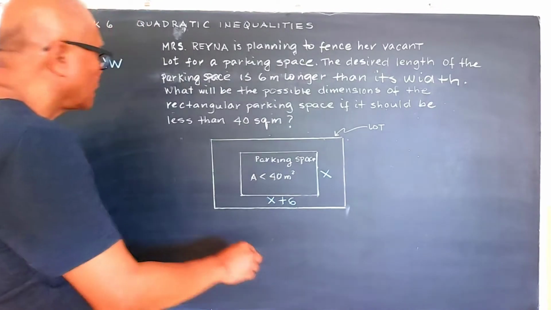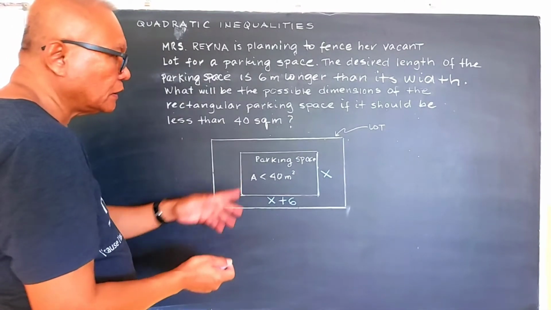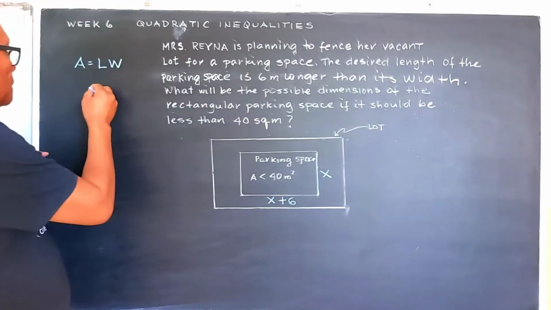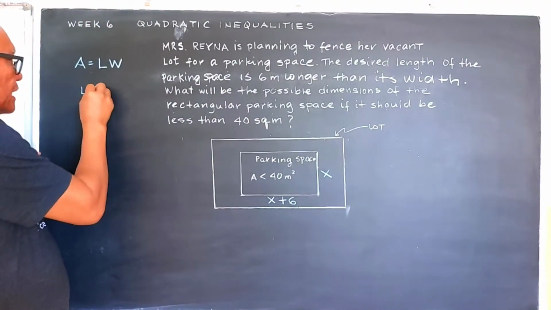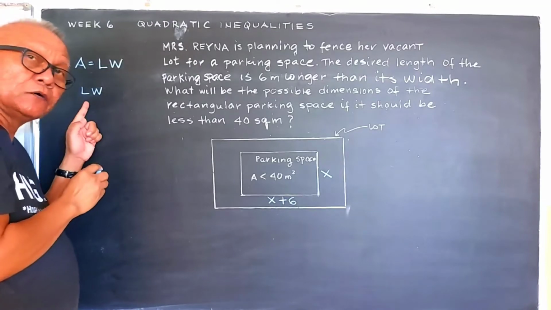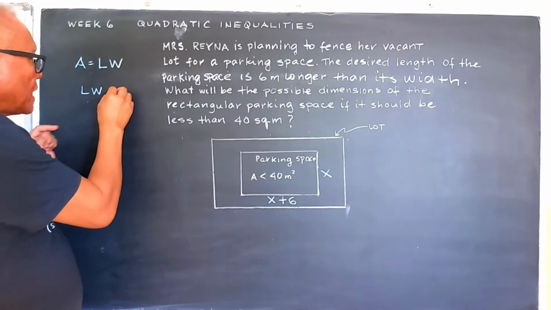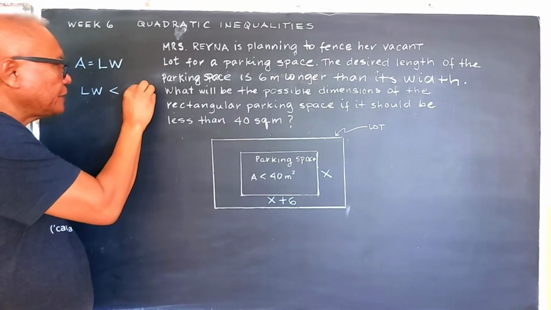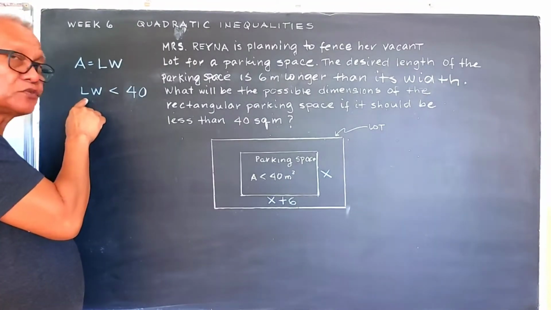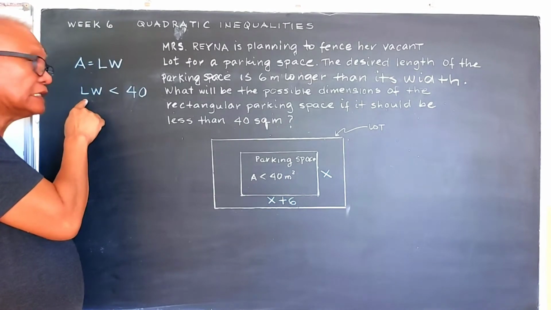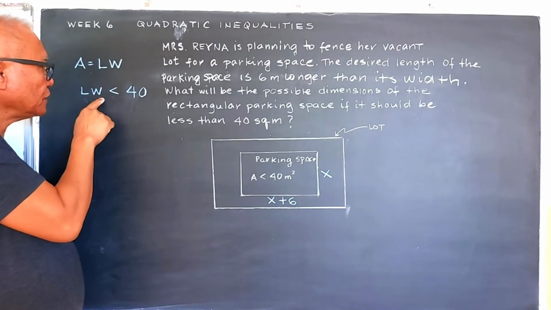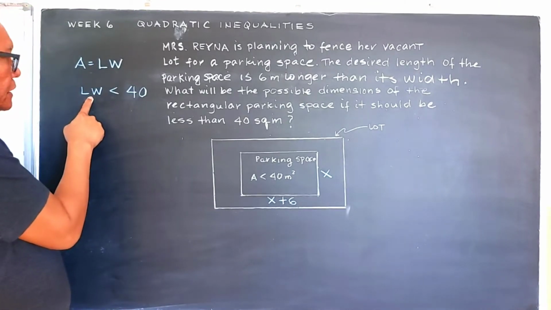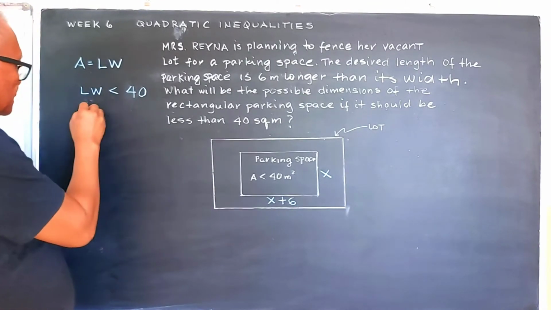So here, we are going to make our inequality, not equation, inequality. So the length times the width here, which is the area, must be less than 40 square meters. So we will substitute the representation for the length and the width. The length and the width means times, multiplication. So where is the length now? x plus 6.